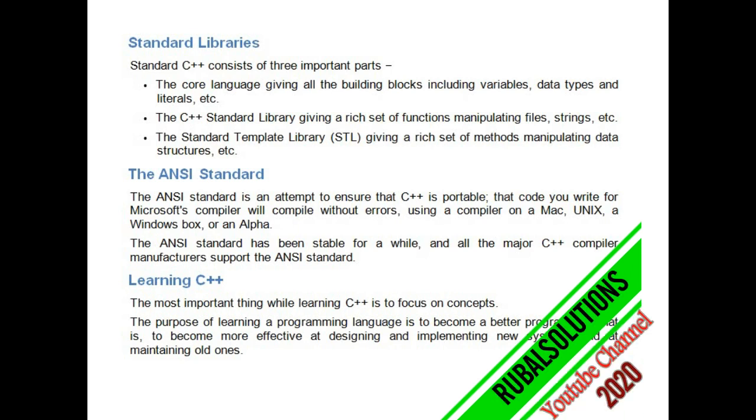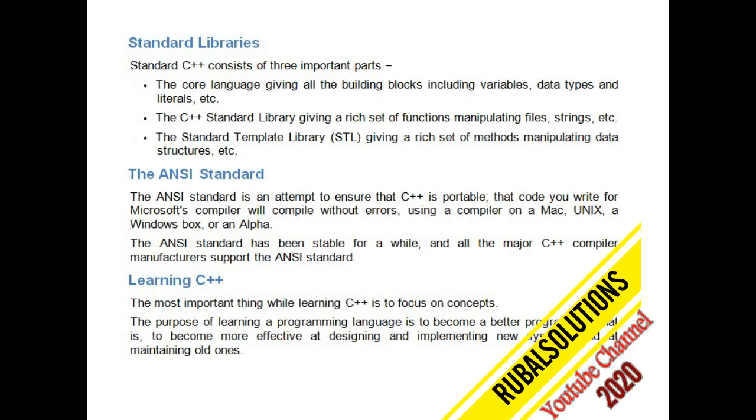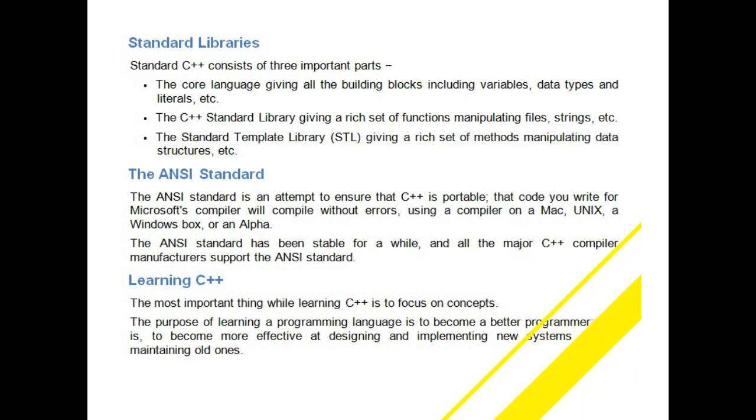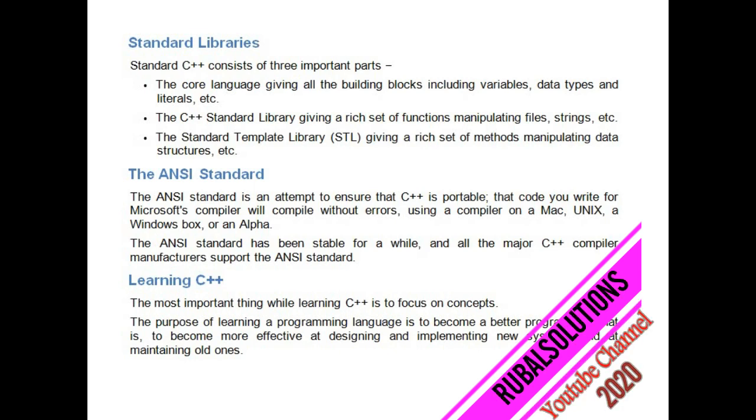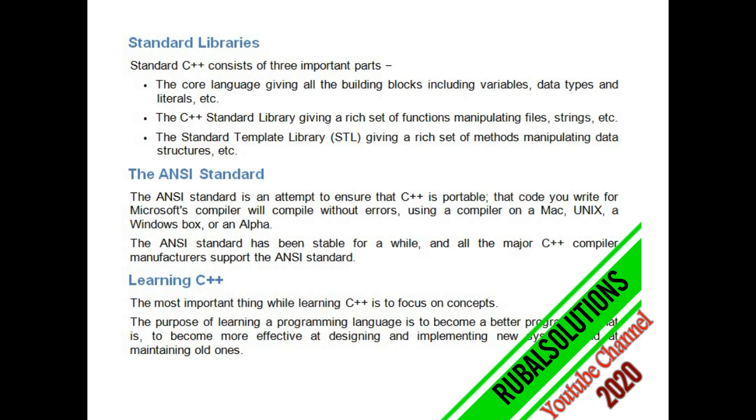The ANSI standard has been stable for a while, and all the major C++ compiler manufacturers support the ANSI standard. जितने भी C++ compiler manufacturers हैं वो ANSI standard को यूज करते हैं.